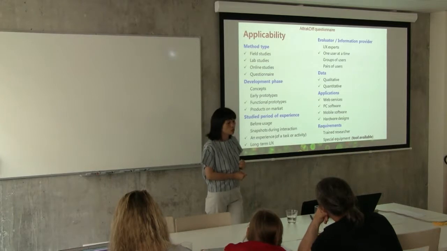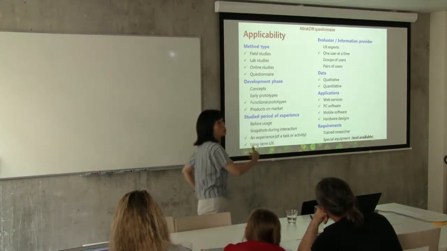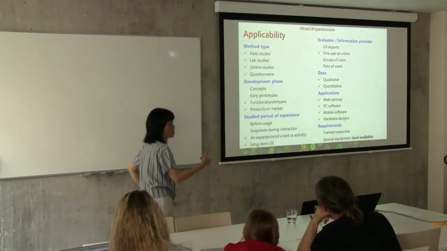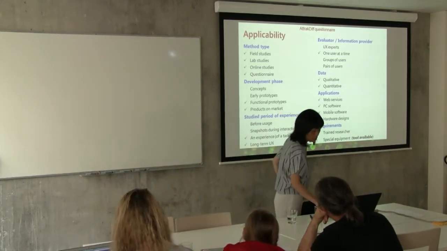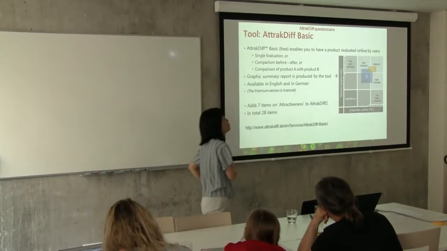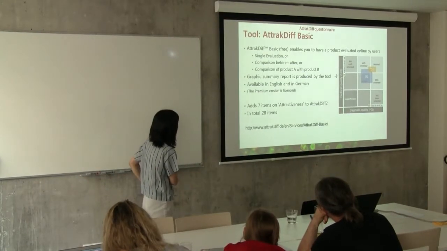So when you do ESM, maybe you can also integrate the AttrakDiff questionnaire: after using the product for a certain period of time, you send a message to prompt people to respond to the AttrakDiff.